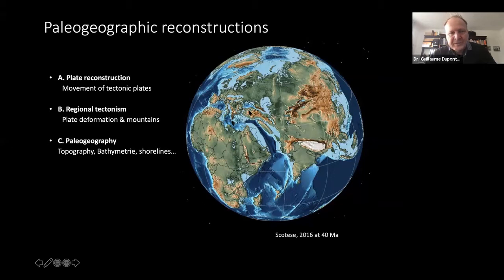And then we will look at the deformation of these plates, and so how mountains formed and seas and all this. And then at the end, I will present how to actually make the paleogeography: the tools that we have to create topography, bathymetry, and put the shorelines and everything.